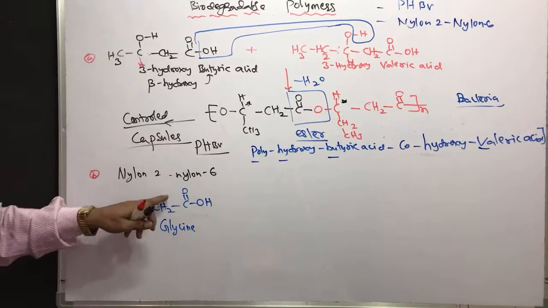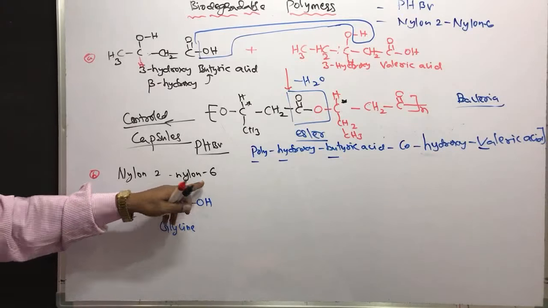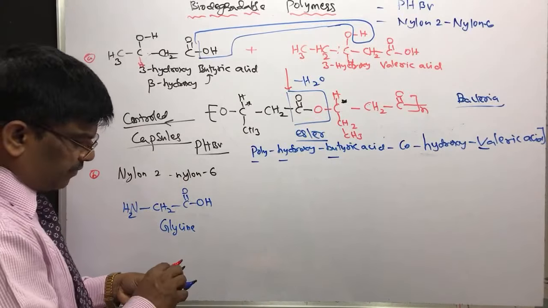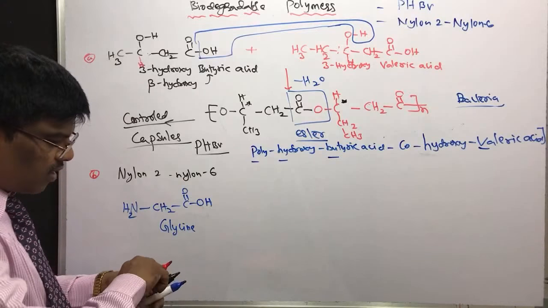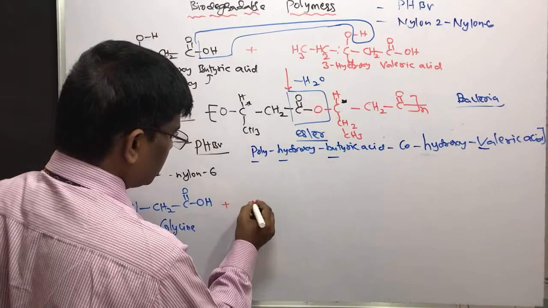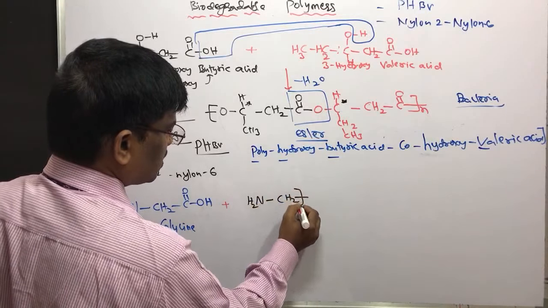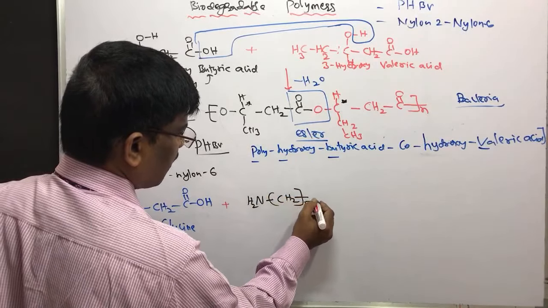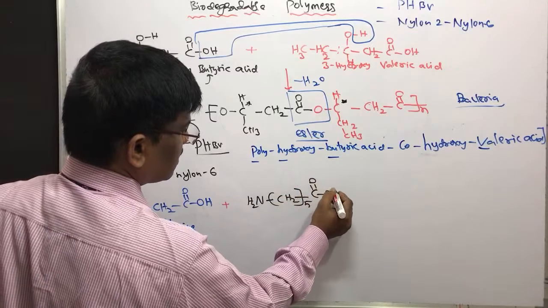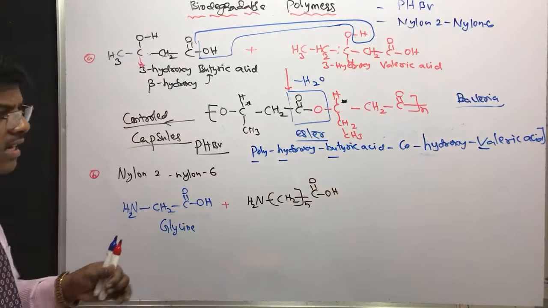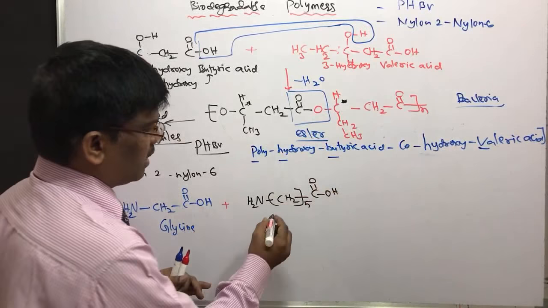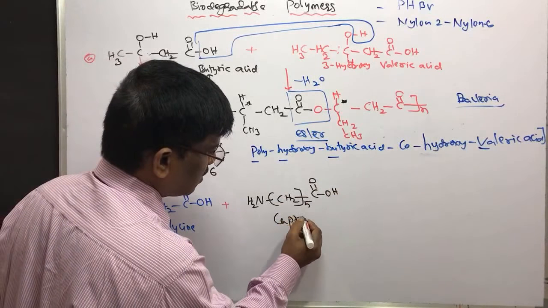Nylon 6 means it is an amino acid, caproic acid. This is caproic acid. What is the number of carbons in caproic acid? It is 6 carbons, a carboxylic acid and an amino group.